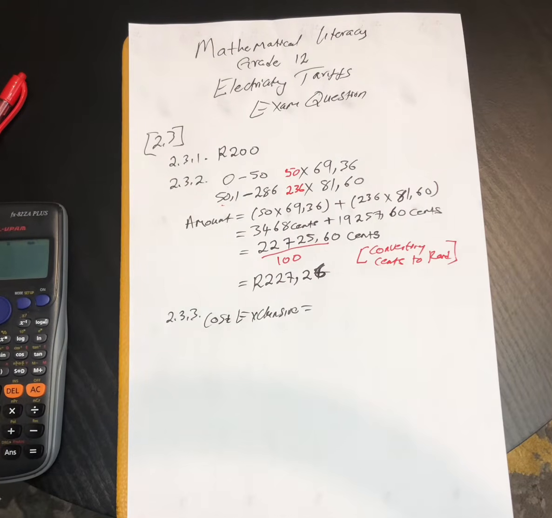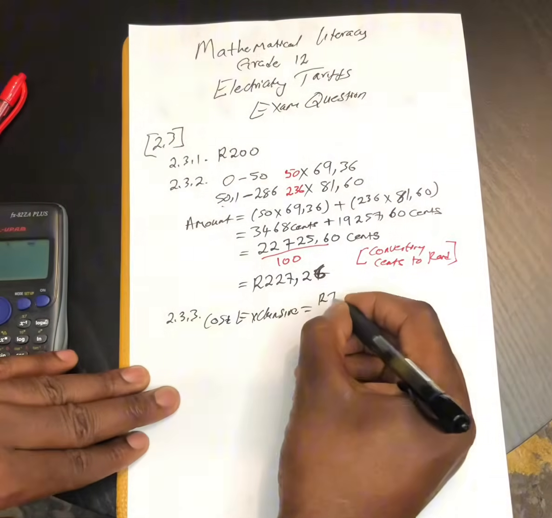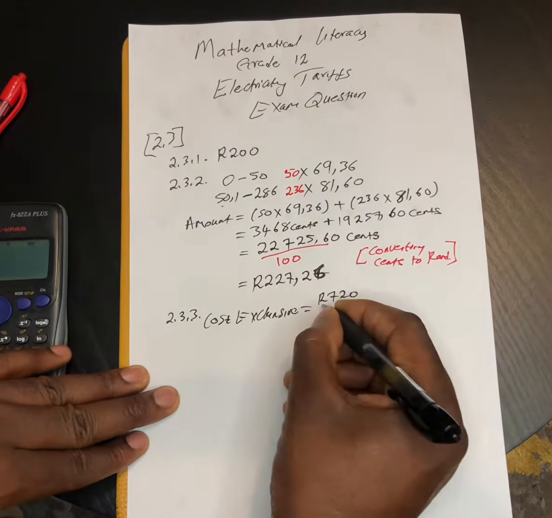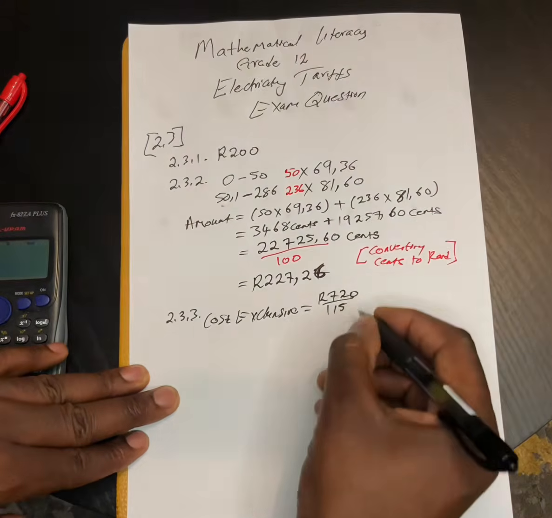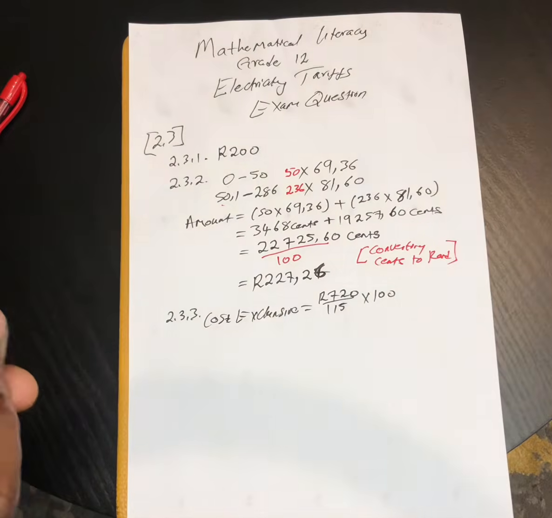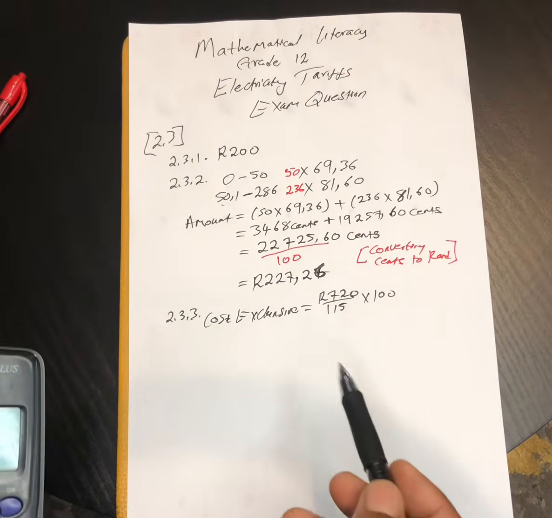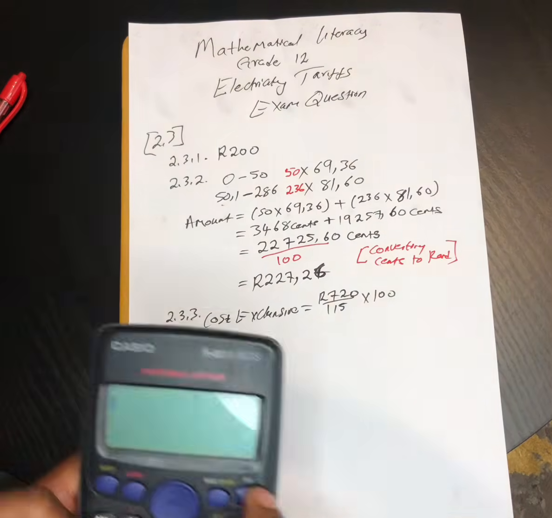So for us to convert this to exclusive, we know that is 720. We just divide this by 115 because it's inclusive. We multiply this by 100. Or you can say 720 multiplied by 100 over 115. It's still the same thing.